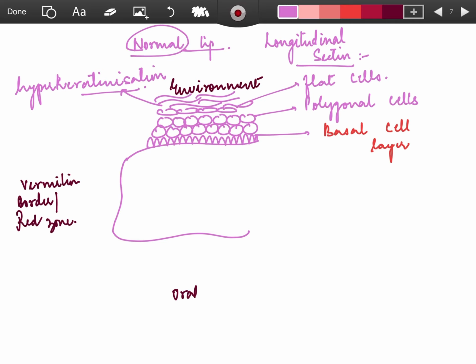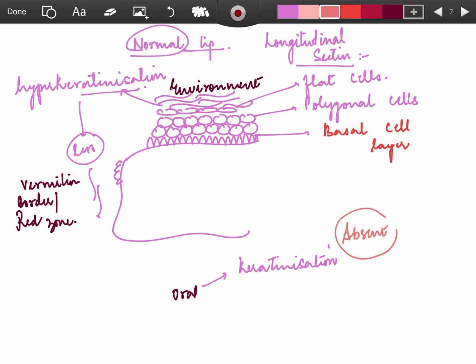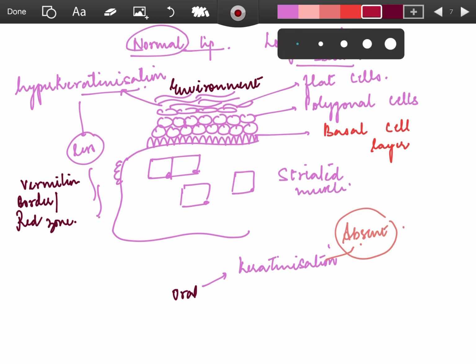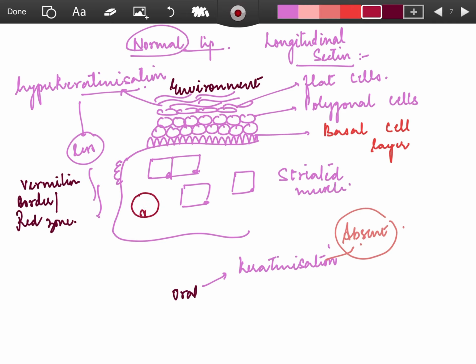It is also present in the vermilion border, but it is less than that of the cutaneous part. And keratinization is totally absent in the oral or the inner part of the lip. The rest of the layers of the epithelium are the same in the three parts, and in this part we have to draw the striated muscles having the eccentric nucleus, and we know that the lip has the minor salivary glands, mucous glands.